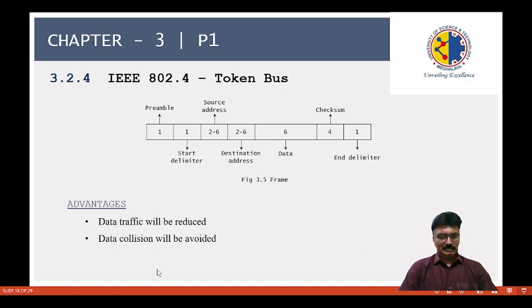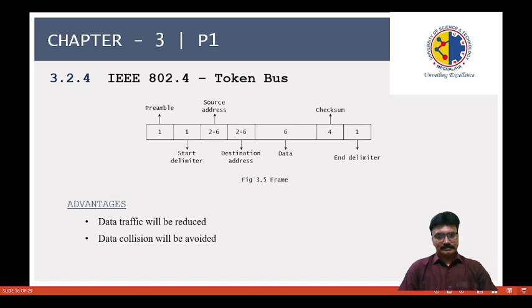So the advantages: the data traffic will be reduced at this moment, because the data is traveling from one node to another node with exact source address and exact destination address, with proper error detection method, with proper preamble and start delimiter.